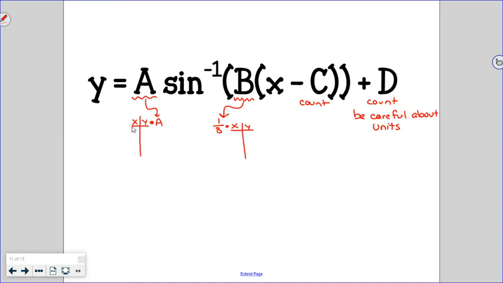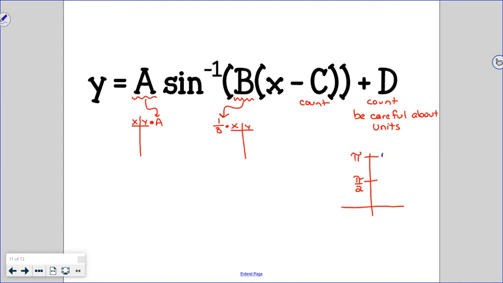Why do I say that about D? Because typically it will tell you to move up 2, but your y-axis is now measured in radians. As we look at our y-axis measured in radians, for example, pi and pi over 2, we want to think of what those are approximately.